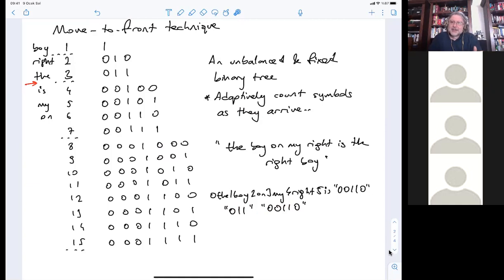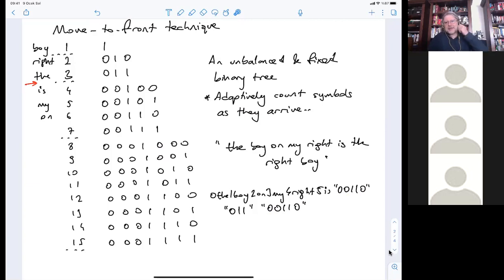Now, as you see, something very strange has happened, but we know why it worked that way. This code word is identical to this code word. But when this code word was first emitted, 00110 corresponded to the, and later on, once again, 00110 came, which is exactly the same as this one, but this time it corresponds to boy, not the.